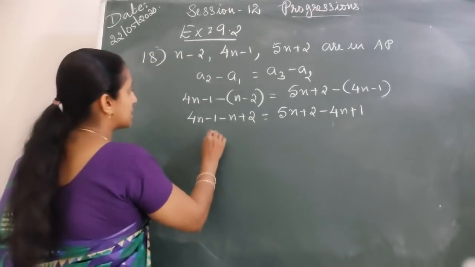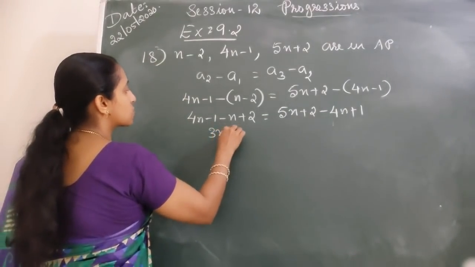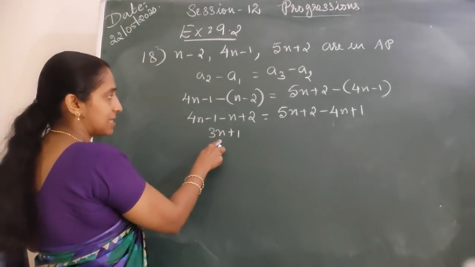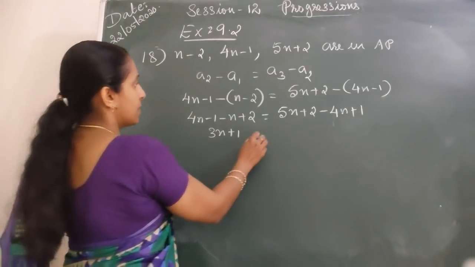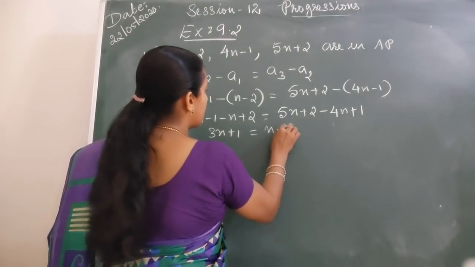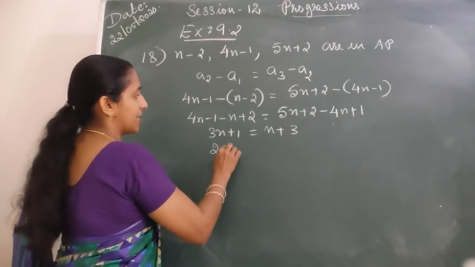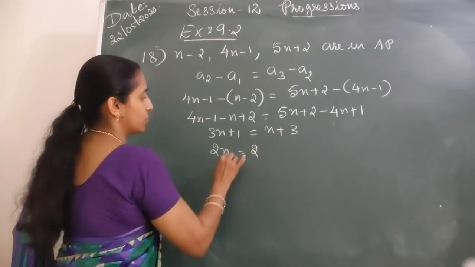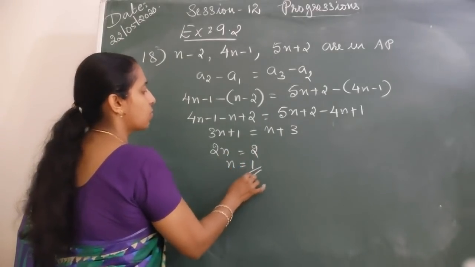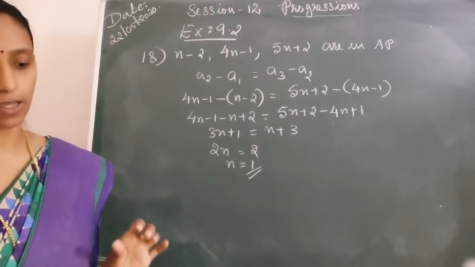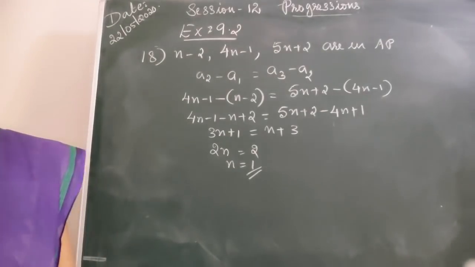So you will get 4n minus n is 3n plus 1, equal to n plus 3. So you are getting 2n equal to 2. So n will be equal to 1.